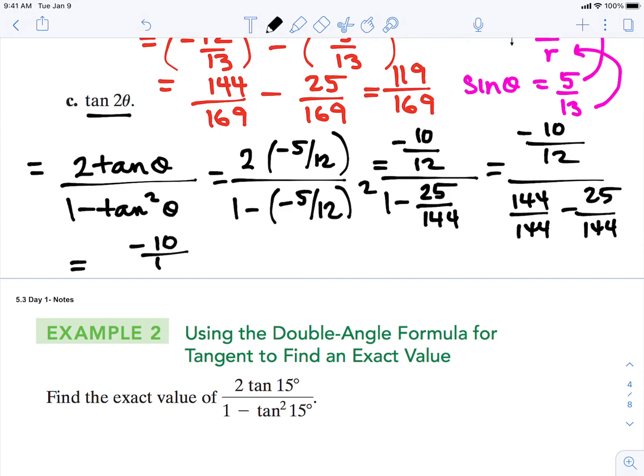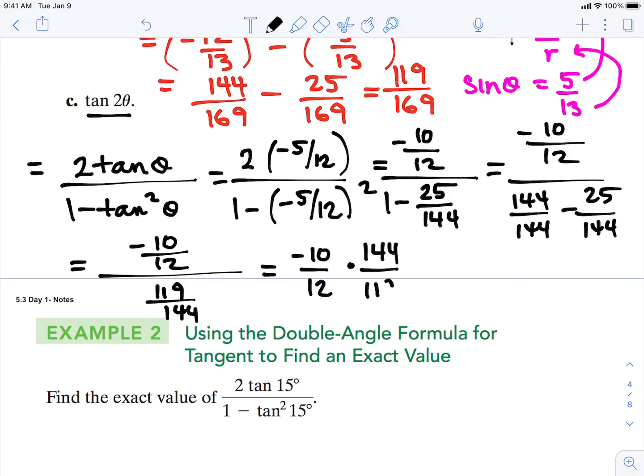So the numerator is still negative 10/12. The denominator now is 119/144. So now we have a single fraction dividing another single fraction, so we can keep, change, flip. So we keep the negative 10/12. We change it to multiplication, and then we flip it.